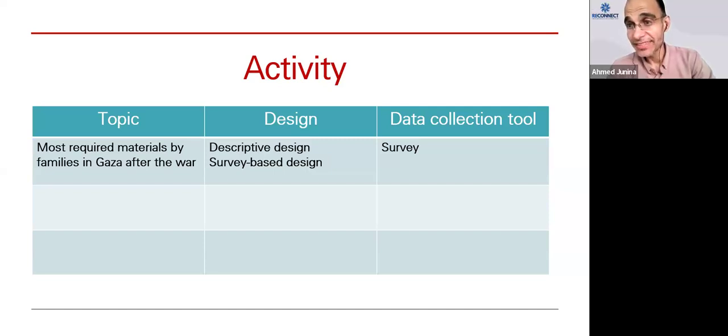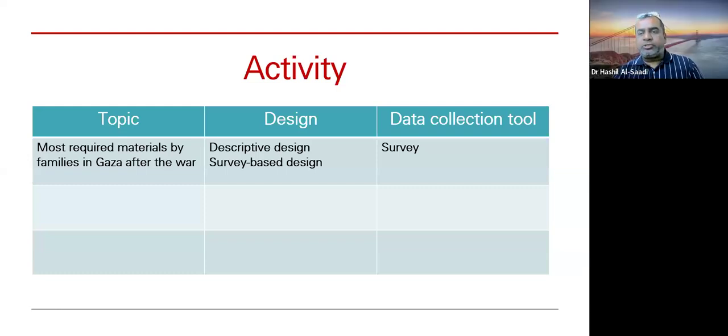Another question from Yasmin. She says, I want to ask about the difference between experimental and quasi-experimental designs in terms of number of variables in the study, which have more variables to control over. It's more to do with how much control you have over the variables than the number of variables. Let me repeat that: it's a matter of how much control you have over the variables rather than the number of variables.